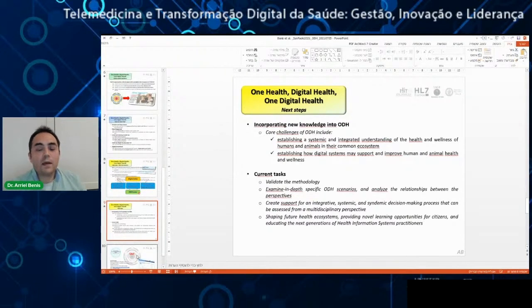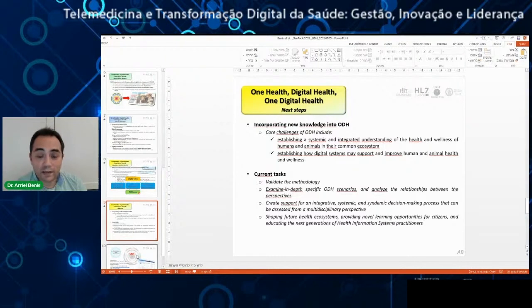So the next step is to incorporate the new knowledge in all these dimensions in the framework as defined with ODH, establishing a systemic and integrated understanding of health, both for humans and animals in their ecosystem.